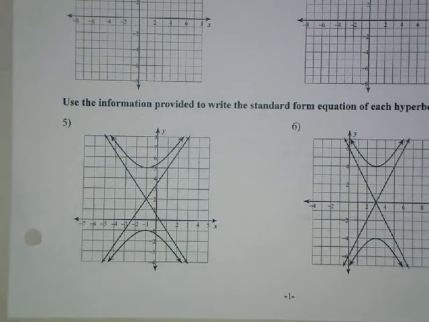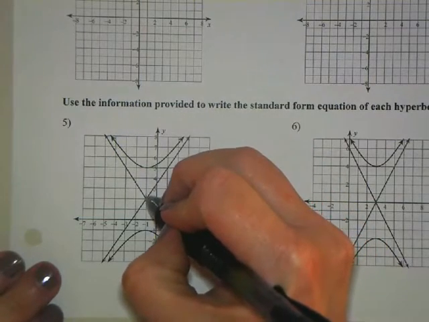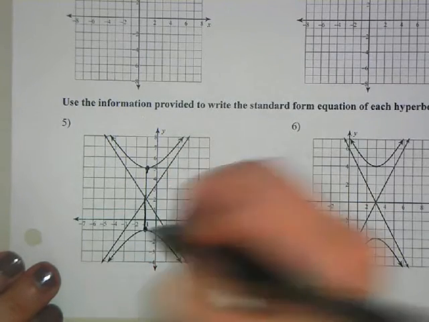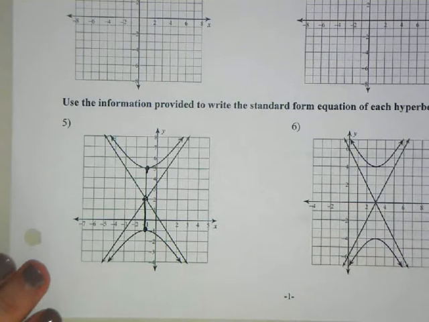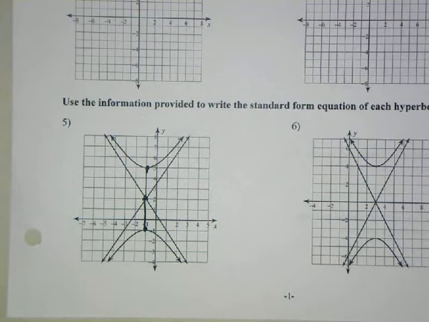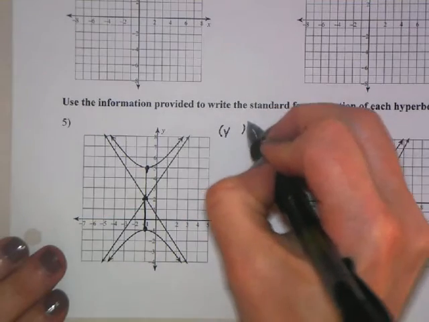All right, let's look at 5 and 6 now, where we're given some information and now we want to make the equation from the information we're given. So the first thing you should notice is that your transverse axis is vertical. You should be able to pick up the center pretty easily since they give you the diagonals crossing there. So transverse axis being vertical means that's a Y dominated, so the Y is going to come first.